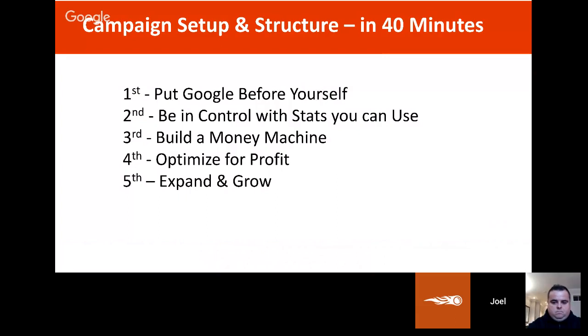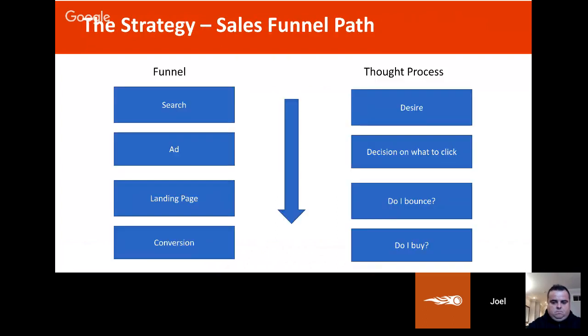Okay, next I'm going to start talking about my strategy to make this happen. You have to consider the process that someone makes when they first make a search, see the ad, click on the ad, end up on the landing page, and then convert.